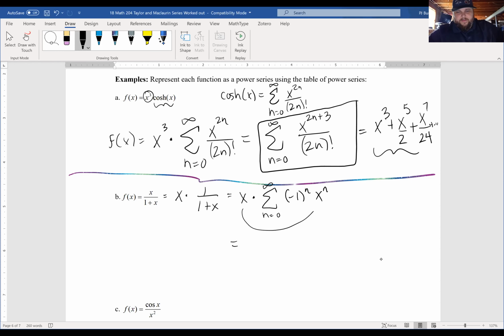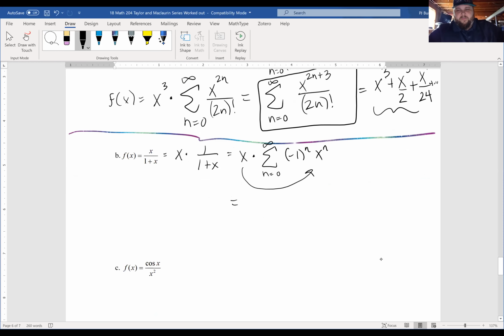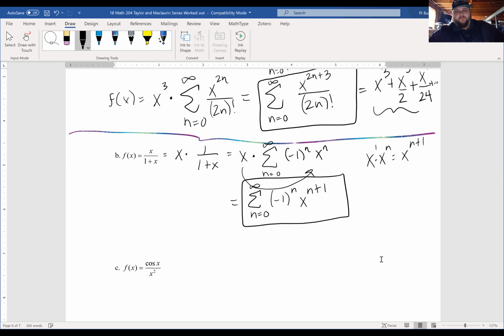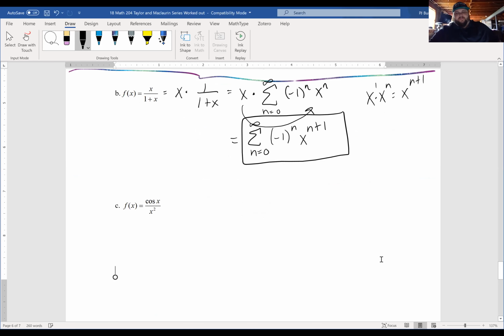Again, this x can go inside, and we'd be multiplying x times x to the n, which is just going to be x to the n plus 1. So that's our representation. This isn't difficult. It's just a matter of finding it in the table and using the proper pieces, and I guess knowing which ones to plug in for.